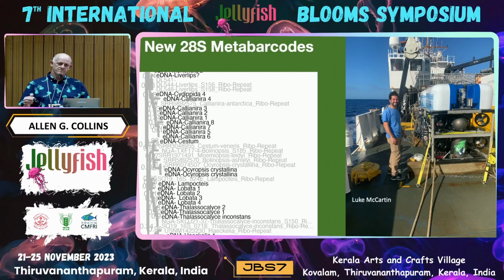One of the reasons we did the genome skimming is that many different groups are targeting metabarcodes, like the fish people with 12S or some part of 12S, cytochrome oxidase 1. This is a case where another guy, Luke McCartan, a PhD student at Lehigh University, is working on corals, and he designed some coral-specific primers for 28S that he thought were coral-specific. And he told me they had a bunch of non-specific amplification.